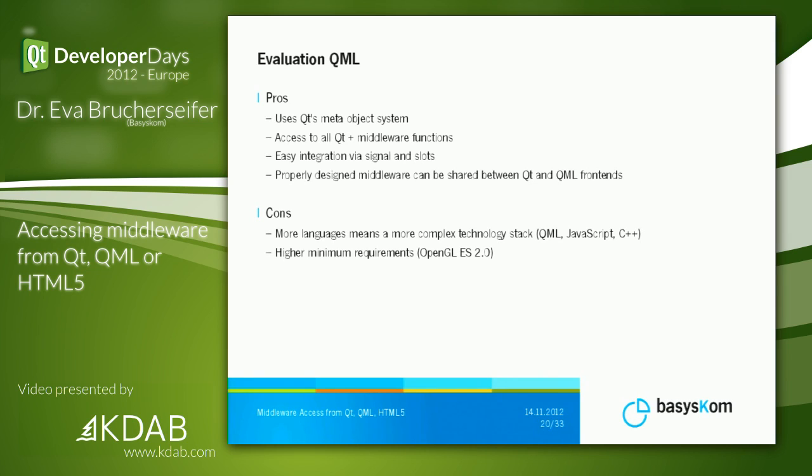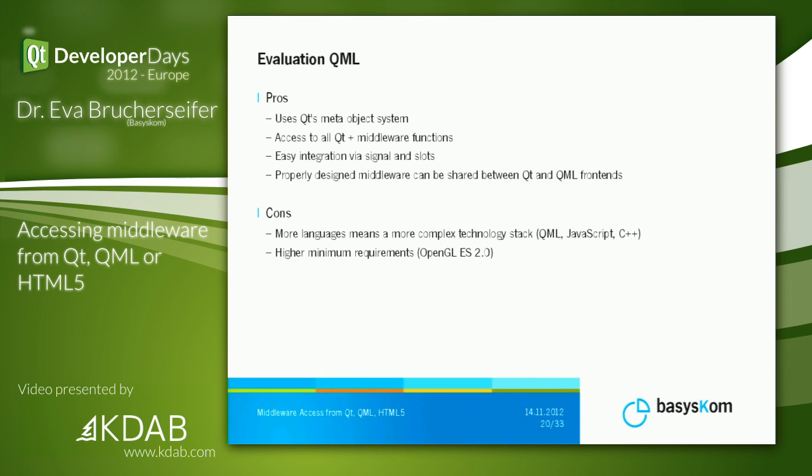You get the complete Qt system. You can access all the stuff you know from Qt Network, SQL and so on. The integration is very easy with signals and slots over the Qt meta-object system.